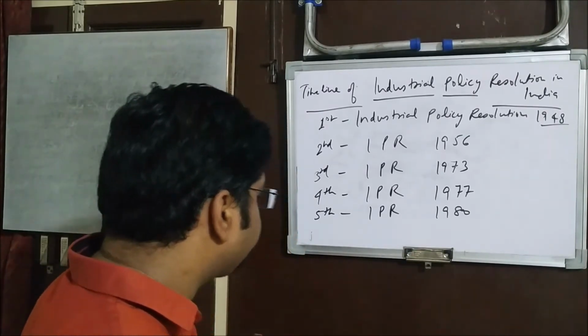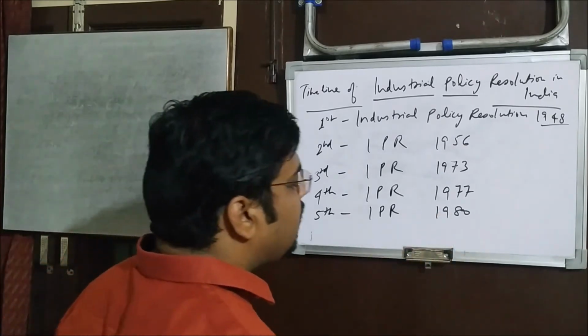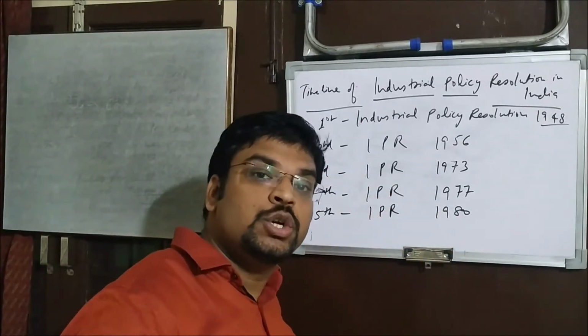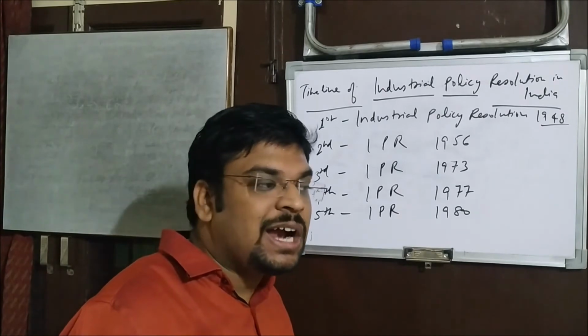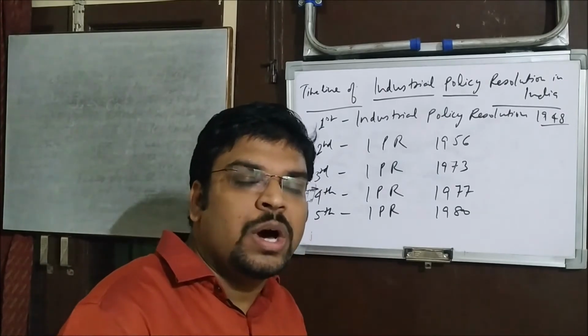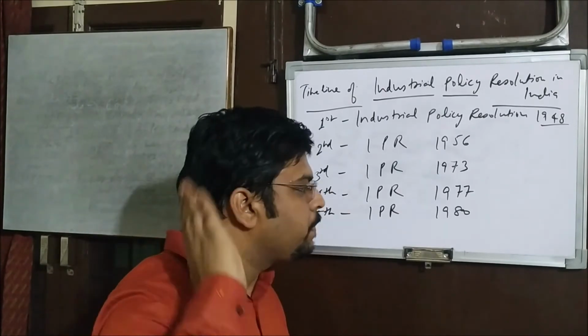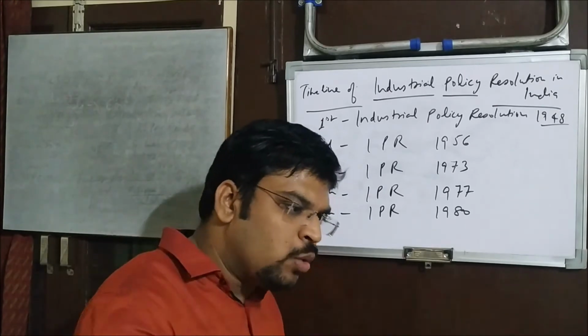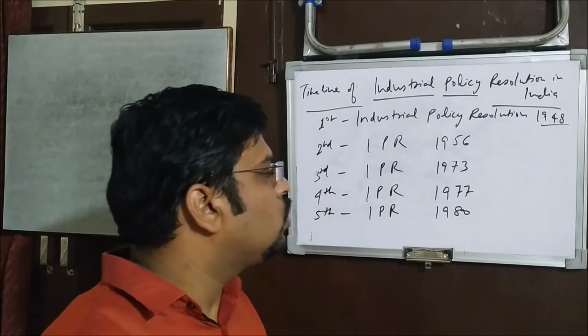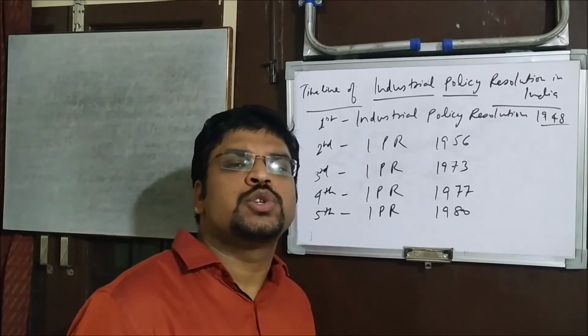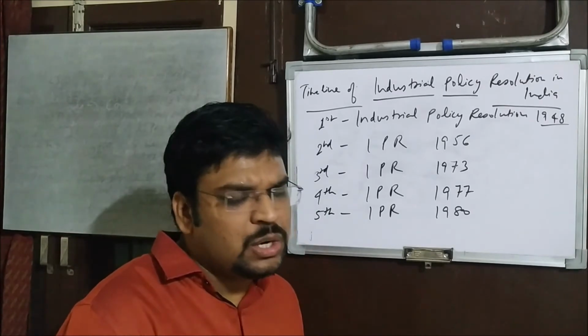Now what happened after 1980? The economic condition of India started getting worse day by day. It was going down and down. However, the government was trying its level best to control it, but they could not.